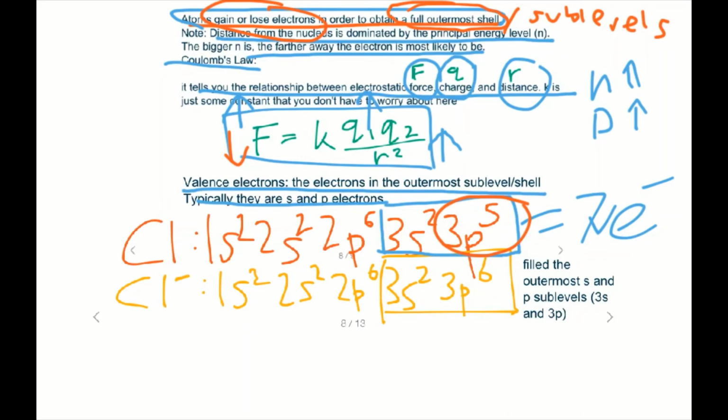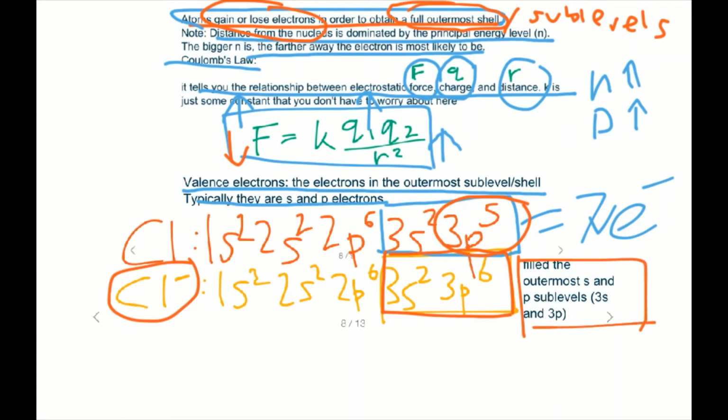If you add 1 electron to chlorine, you get a chloride anion, which will have 1 more electron. But notice now that the 3s and 3p sublevels are completely filled. So the outermost shell is filled, and this makes it stable.